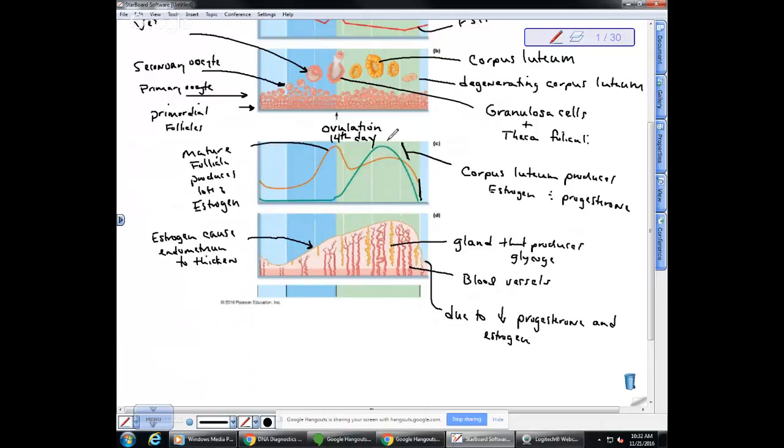Are there any questions about that diagram? So remember that it shows the coordination of anterior pituitary hormones and then ovarian hormones, and then what is going on in the ovary versus what is going on in the lining of the uterus.